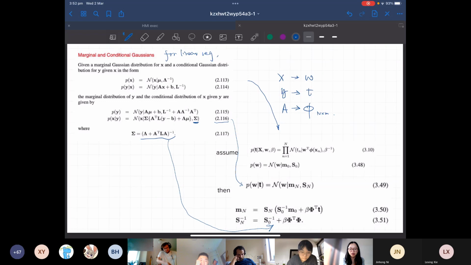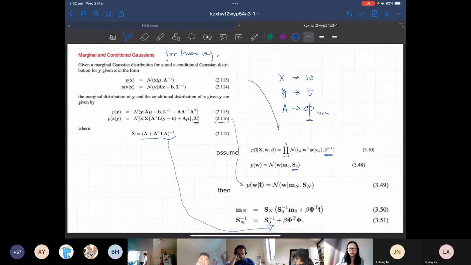It's the original precision parameter of W, which is S0, plus this quadratic term involving the data, phi transpose phi, and also involving the precision parameter beta.